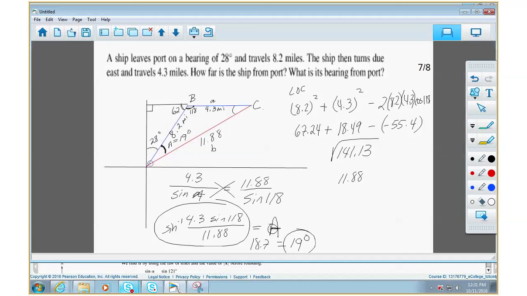That means that the bearing right here is going to be 28 plus 19, that'd be 48 minus 1 is 47. So the bearing is 47 degrees and the distance is 12 kilometers or whatever they're asking. Let's see what they got.